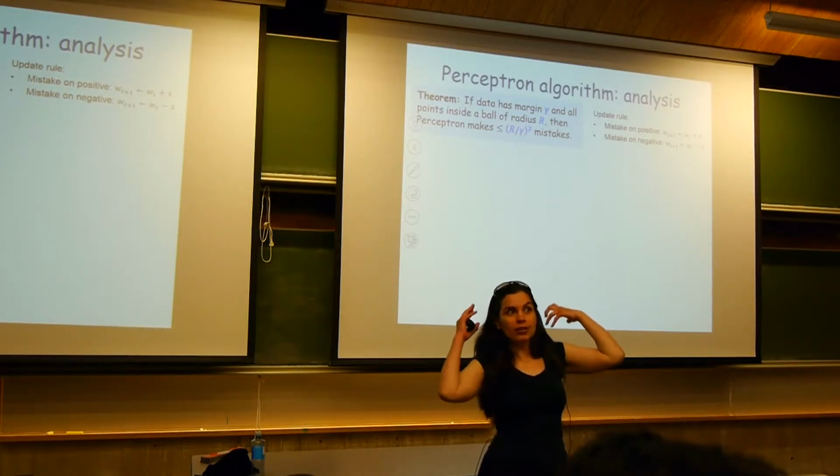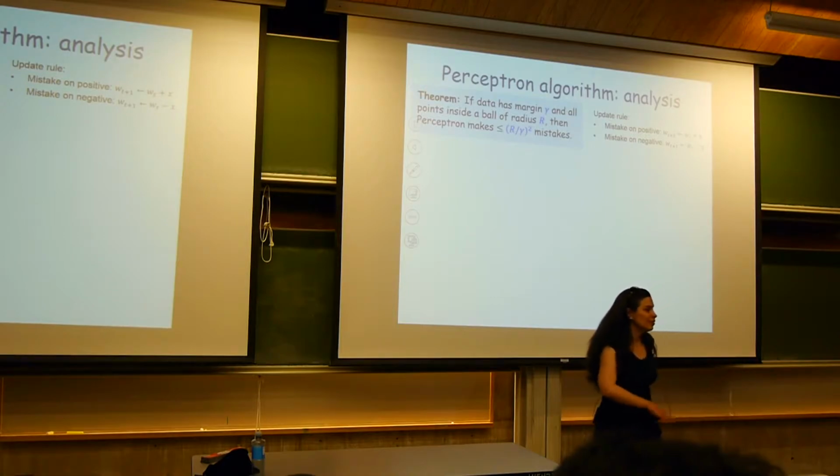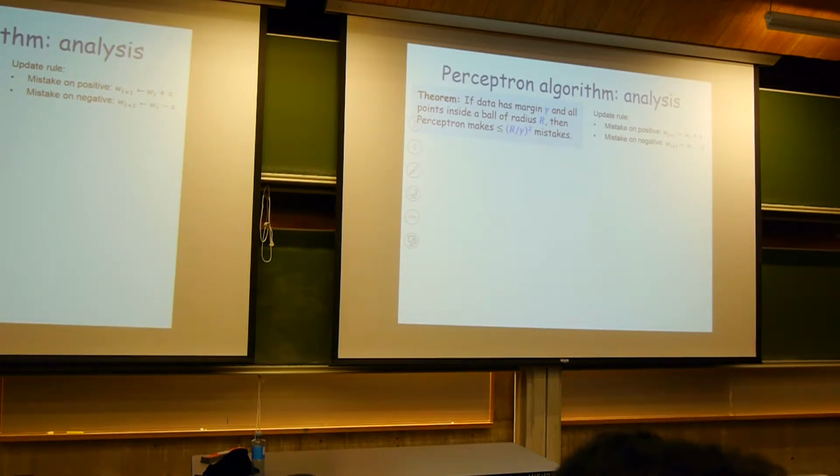So for this result to say something interesting, we have to think about scenarios where the data is linearly separable, as Tom is saying, and also separable by a reasonably large margin, not super tiny. But there are extensions of the result if the margin is large but the data is not quite linearly separable.